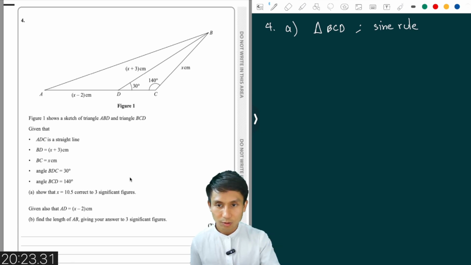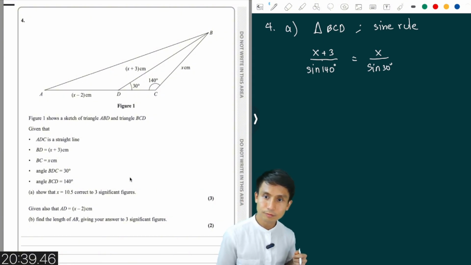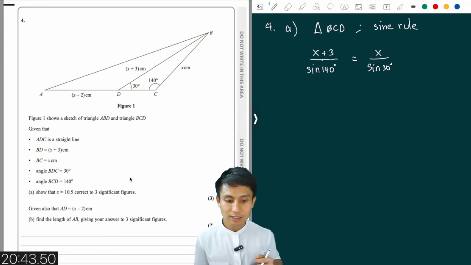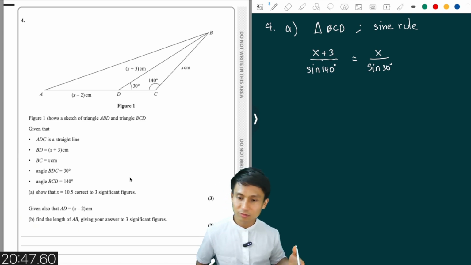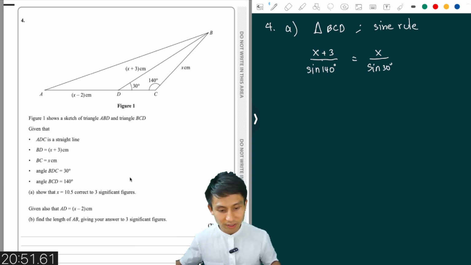So we take this opposite side, x plus 3, divided by the sine of the opposite angle, equals x, which is opposite to sine 30, right? Yeah. Okay, so that's the equation we need to solve. And we don't have to find the exact value, so we are okay with using a calculator here.